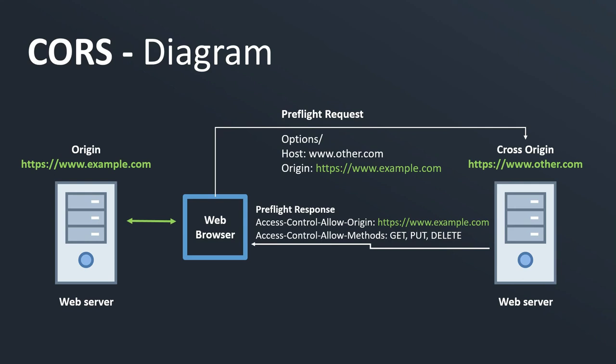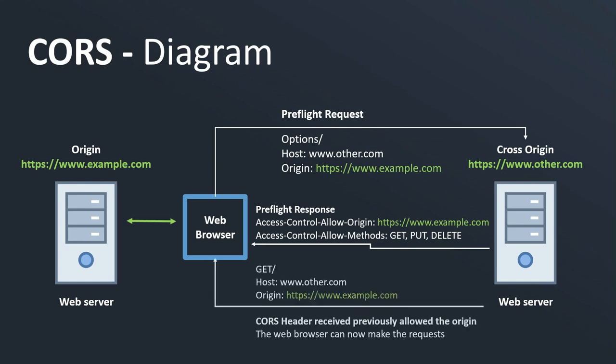So this is the CORS method, and therefore because our web browser has been authorized to do so, then it can issue, for example, a GET to this URL, and it will be allowed because the CORS headers received previously allowed the web browser to make this request. Okay, so this may be new to you, this may be a lot, but you need to understand this before we go into the next use case, which is the S3 CORS.